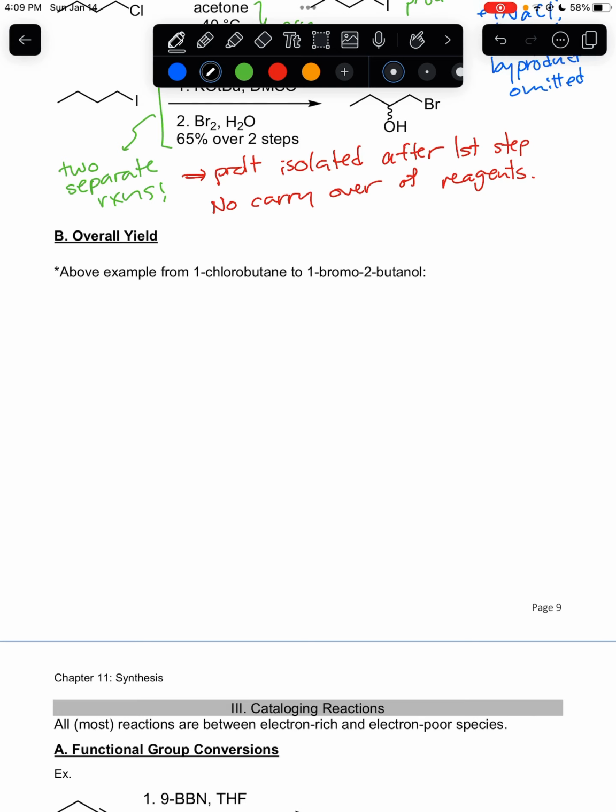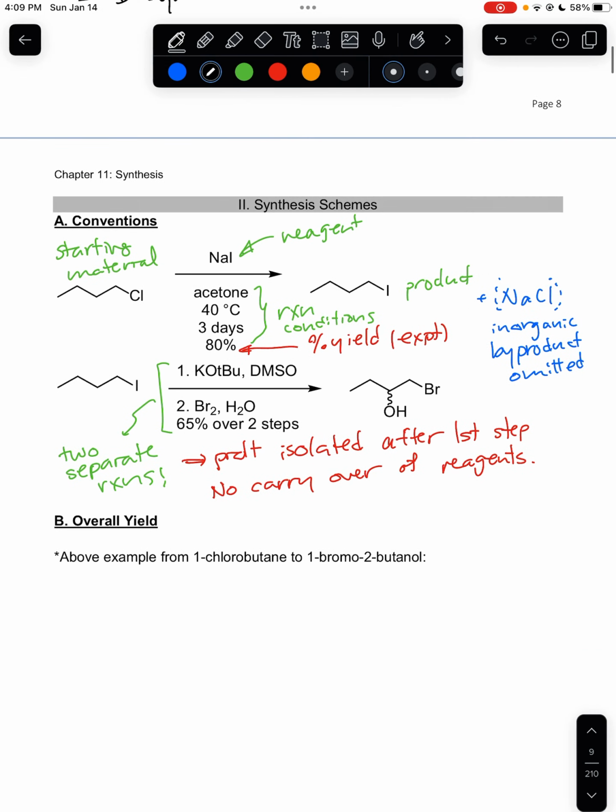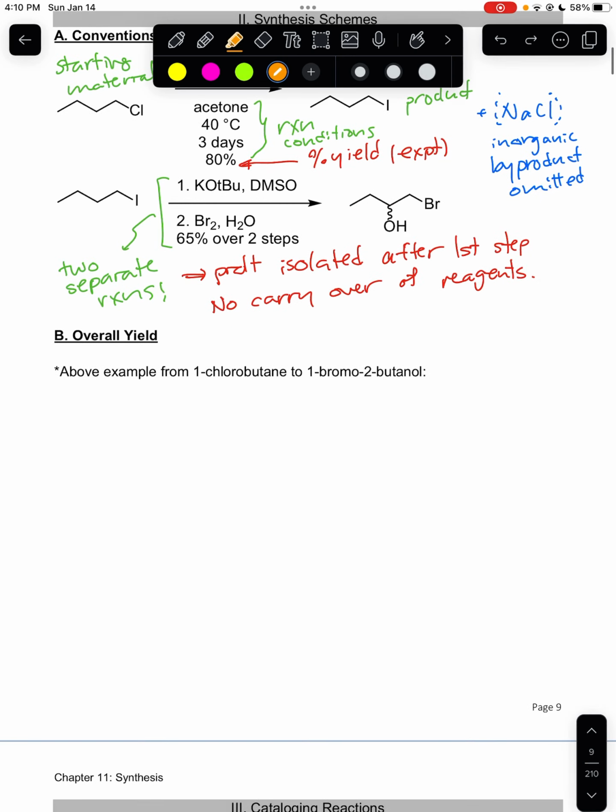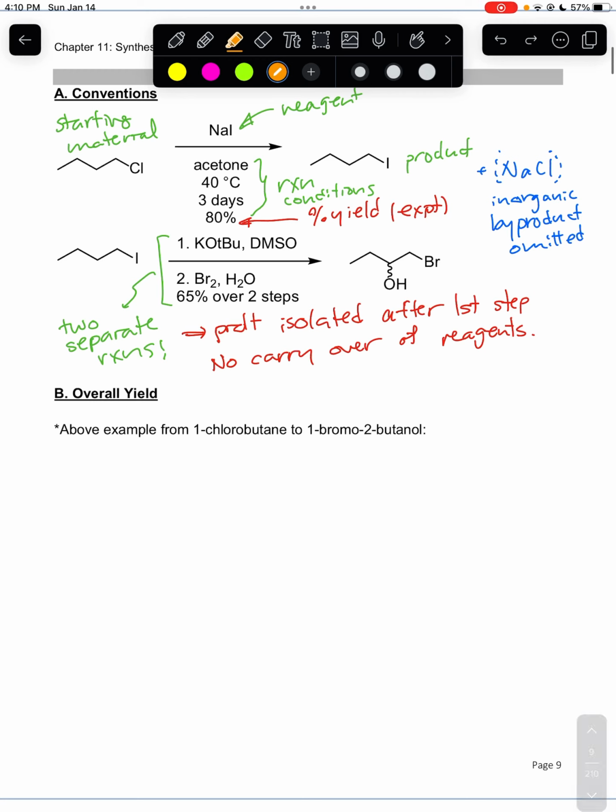let's say that this is actually a sequence of synthesis. We started with chlorobutane, and then we made iodobutane, and then iodobutane was then converted to this bromohydrin compound in the end. So what was the overall yield for that above example from 1-chlorobutane to this 1-bromo-2-butanol final product?